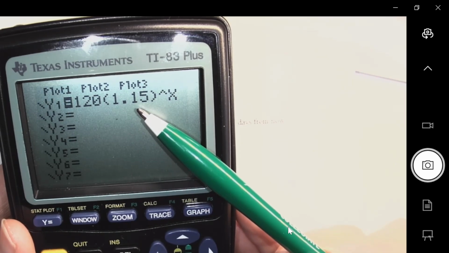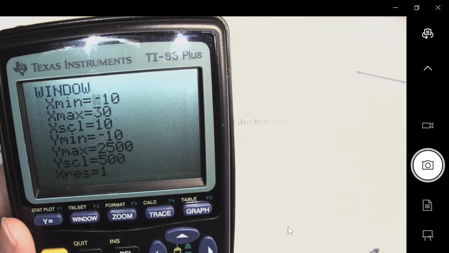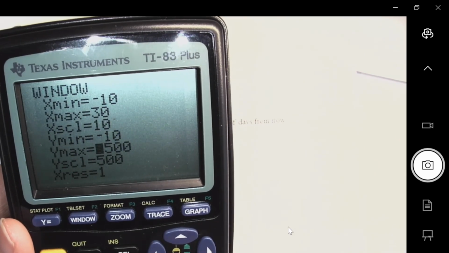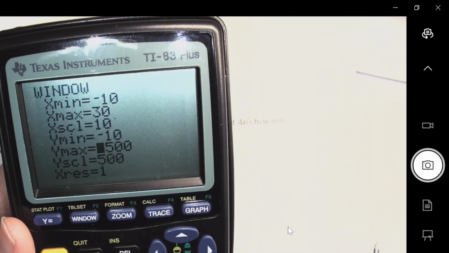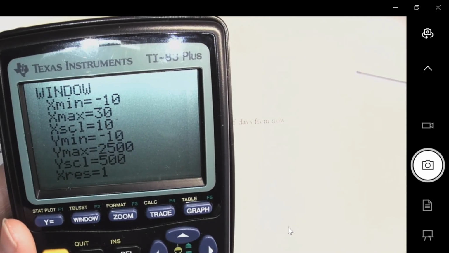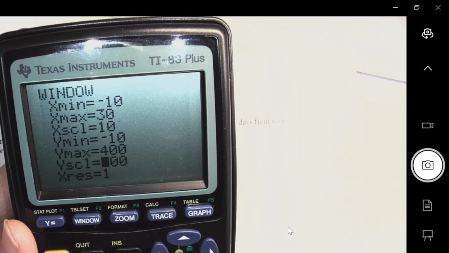That's an increasing rate. So I should go to my window, my y. If it's 120 and then increasing, what do you want to do? 400 for now?